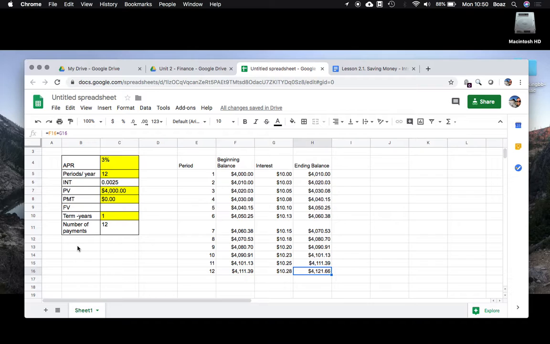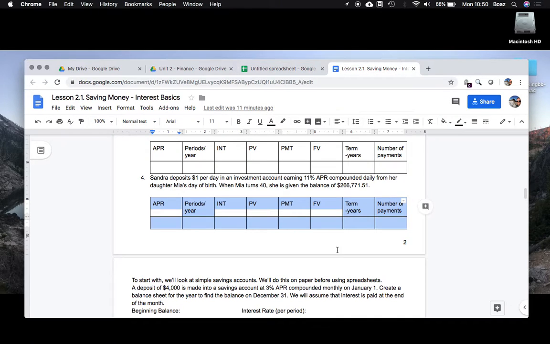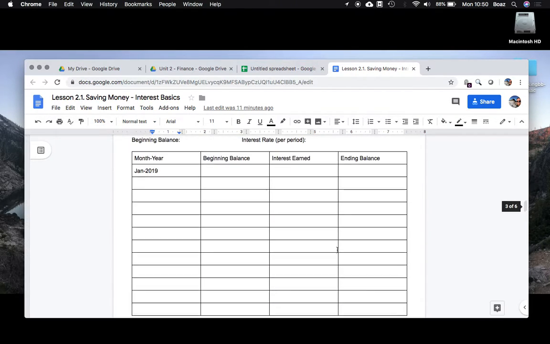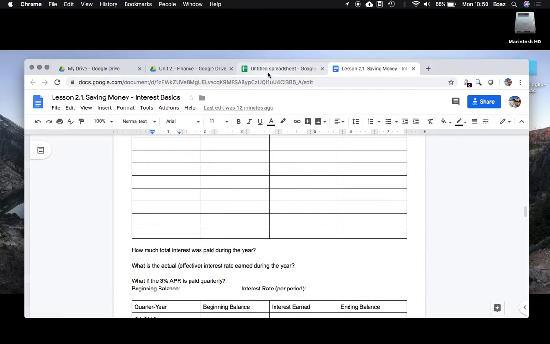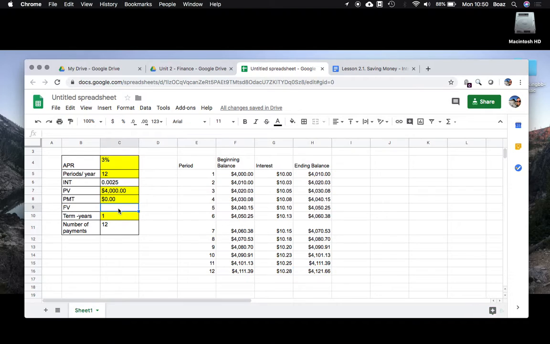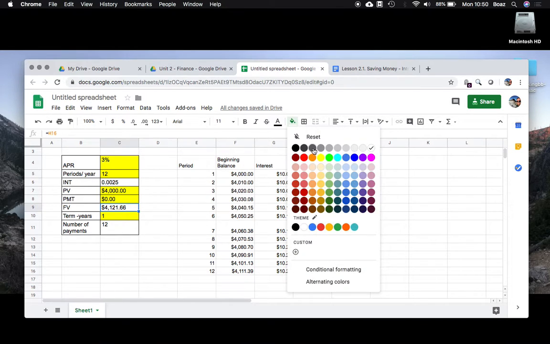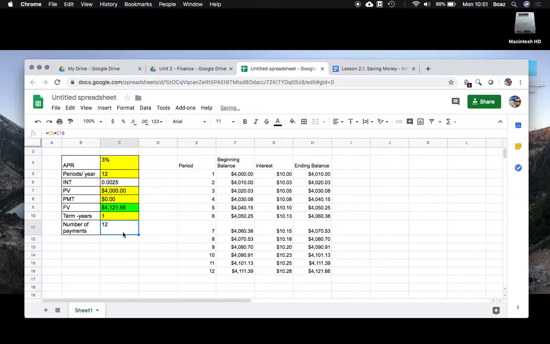And so then to answer the questions, what were the questions that we were looking at? We're asked, how much total interest was paid during the year. So I can go over here and point my ending balance at this number here and change this to, say, a different color to show it's one of my answers. And maybe we'll use green instead, prettier than red.